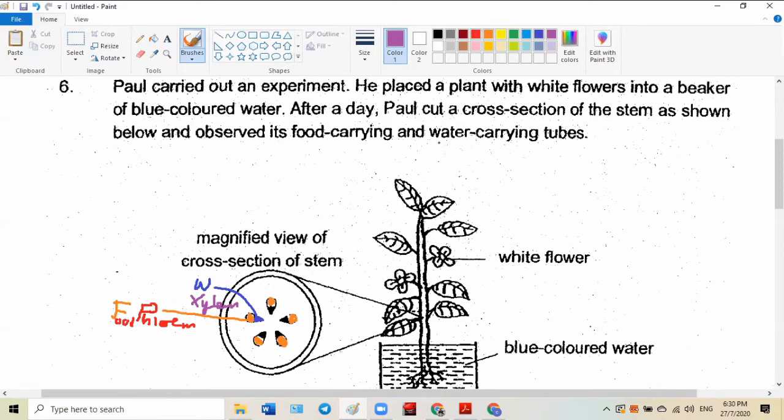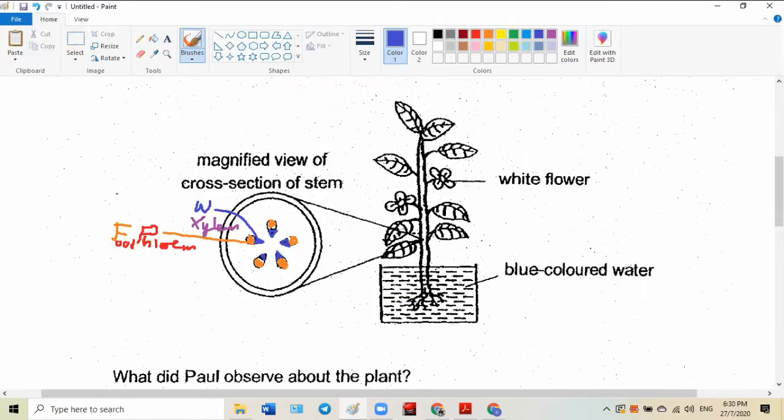Yeah. So the inside are the water. Can remember or not? Can. Okay. So you know why I painted it blue? Because it's the water carrying tube. You see this blue colored water. He made this water blue.